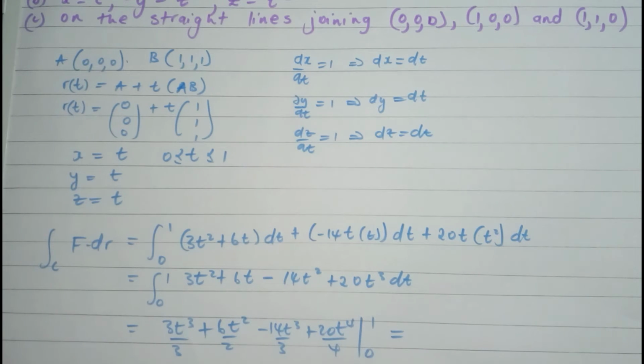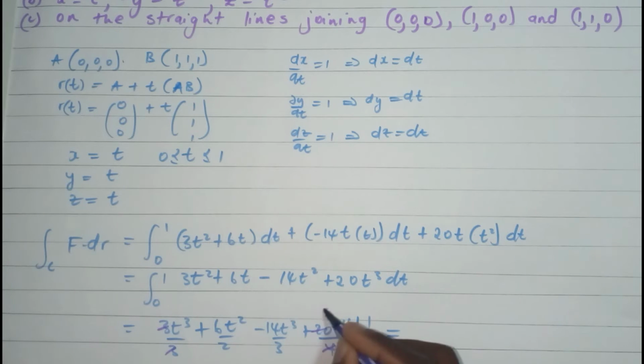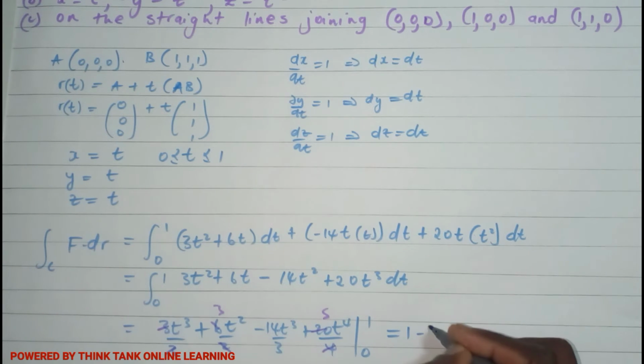And what are we going to get? Here you're going to get 5 and you're going to get 3. So in other words, we have 1 plus 3 minus 14 over 3 plus 5.